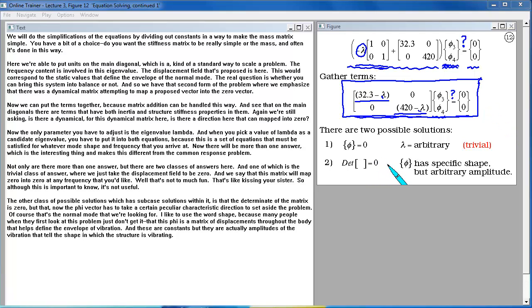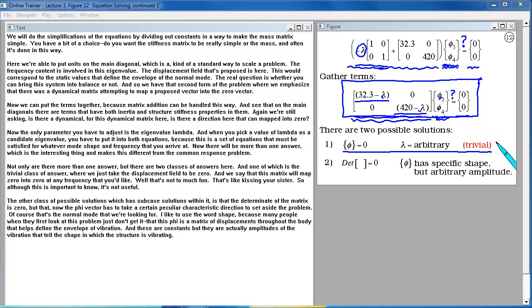Not only are there more than one answer, but there are two classes of answers here. One is the trivial class where we just take the displacement field to be zero, and this matrix will map 0 into 0 at any frequency you'd like. Well, that's not too much fun. That's like kissing your sister.